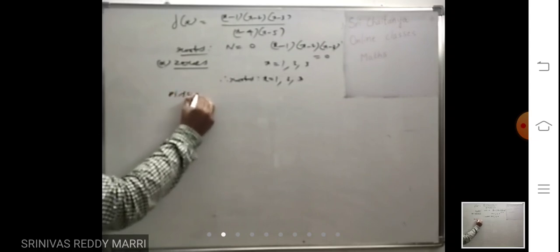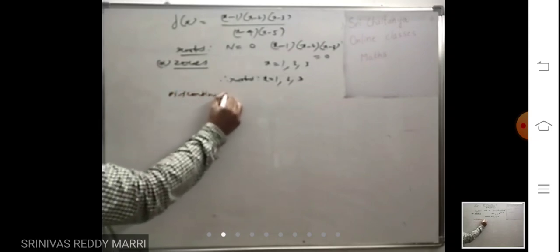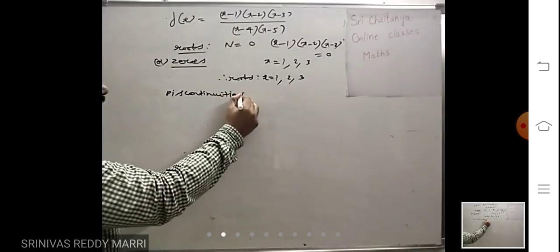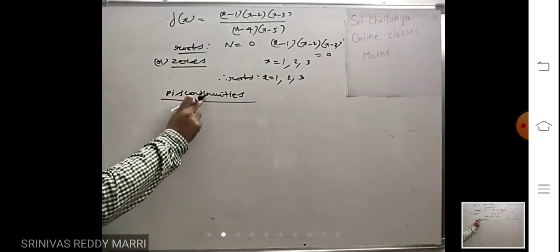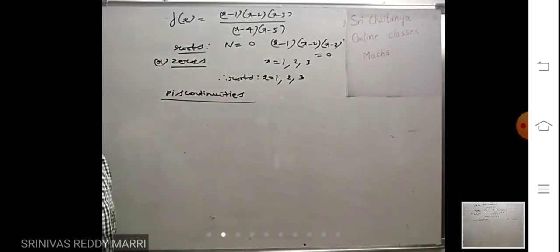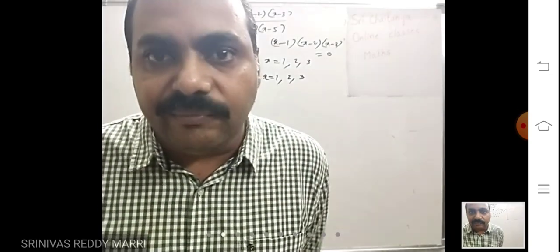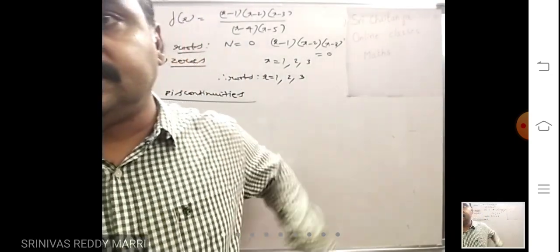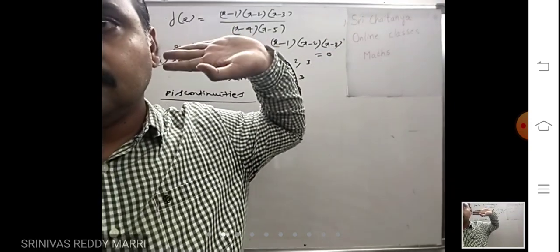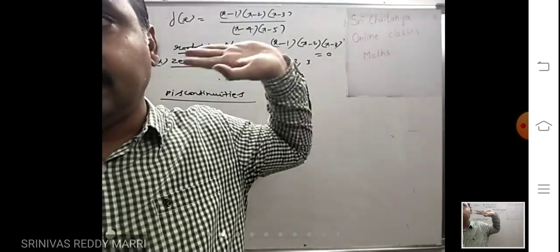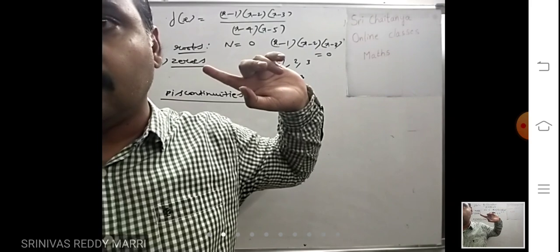Discontinuities. You will get one more term, discontinuities. Discontinuities is nothing but, I am asking, this f of x is there, where will it become infinity? Tell one value. Anybody, raise your hand.